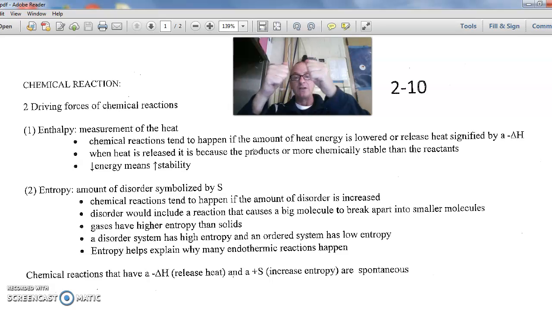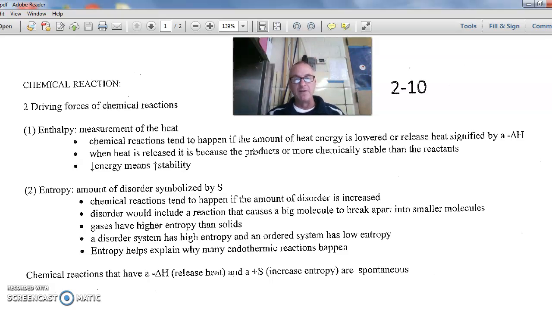And when new bonds formed for the products, the new bonds could be really strong because they're stable. So when the reactants are less stable than the products we make, overall, energy would be released. So the trade-off: if energy is released, if energy goes down, stability goes up.